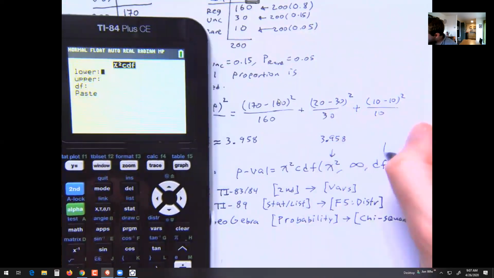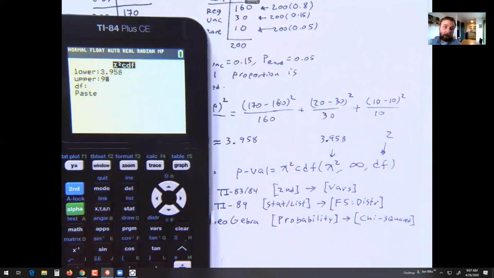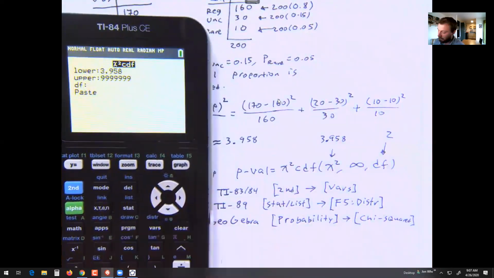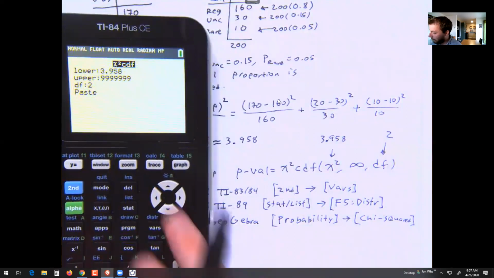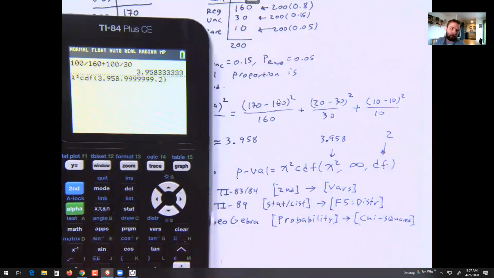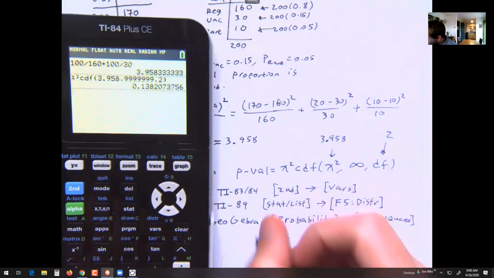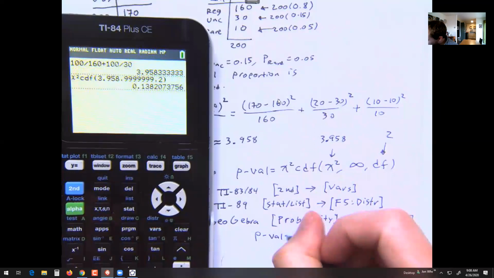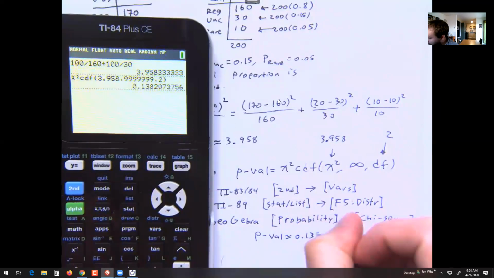My degree of freedom for this problem was 2. So I have 3.958, comma, infinity. A whole bunch of 9s, for example, should do fine in lieu of having an infinity button. And when I type this in, I get a p-value of approximately 13.8% or so.